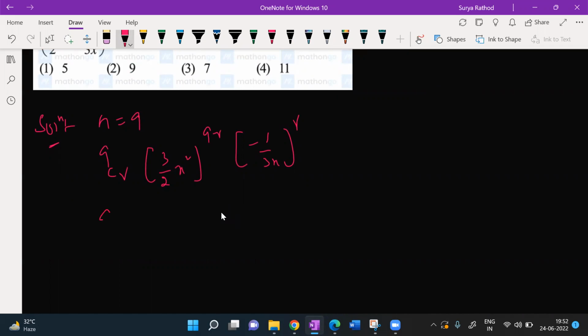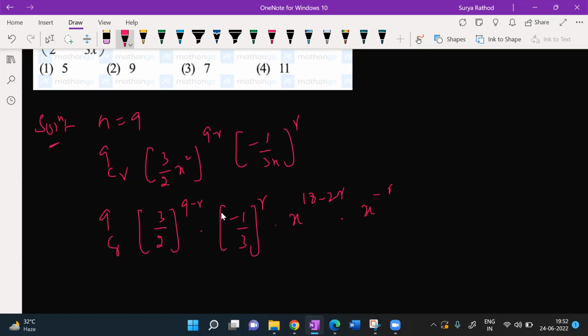The term independent of x: 9Cr into 3 by 2 to the power of 9 minus r, into minus 1 by 3 to the power of r, x to the power of 18 minus 2r into x to the power of minus r.